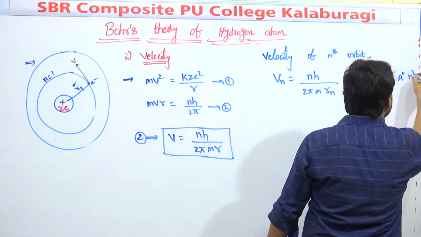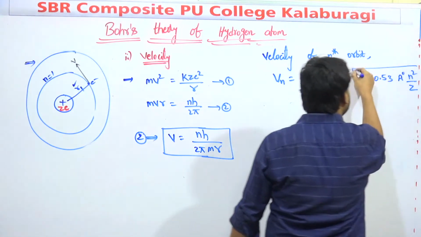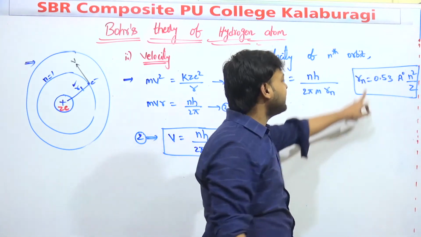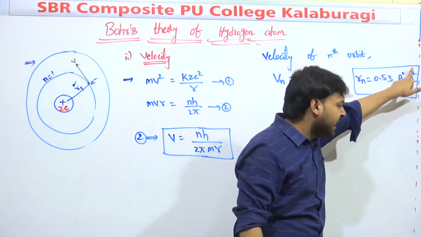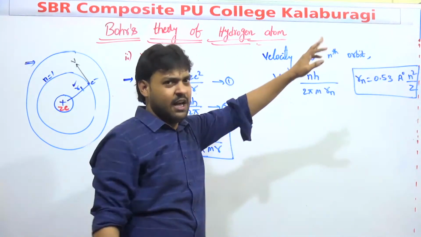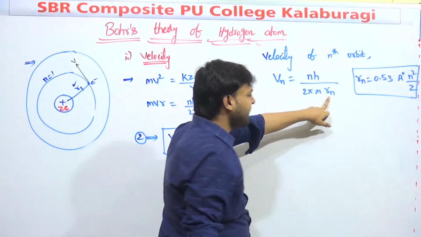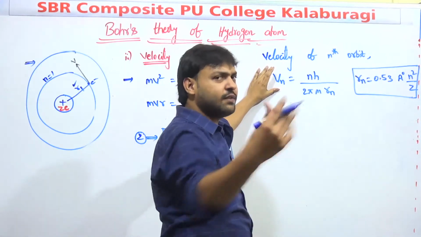And what did we get? n square divided by z in the radius. So we got Rn as 0.53 angstroms, n square divided by z. That is the radius of the nth orbit. Now substitute here, so we can calculate the velocity of the nth orbit.